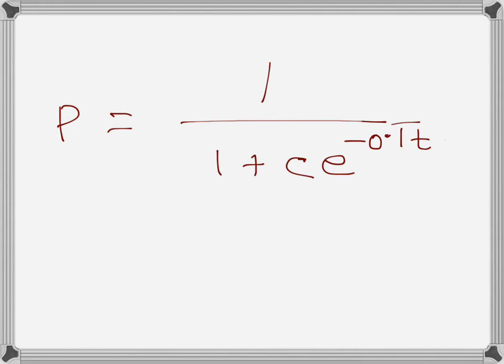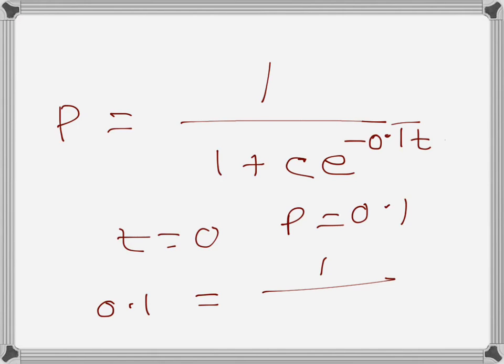Now I need to find the value of c, because this should be my expression, but I still need to find the value of c. So when t is equal to 0, P is equal to 0.1. This is given. So this is 0.1 equals 1 over 1 plus c e to the power 0, so that becomes just c here.